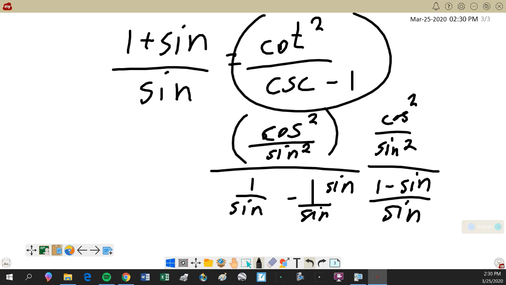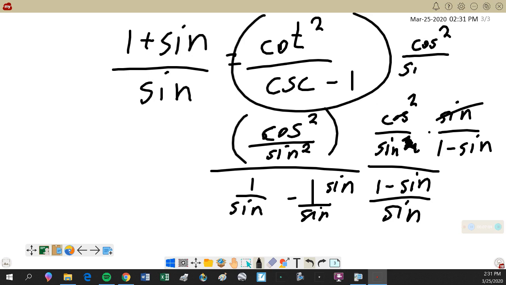Now I invert the denominator and multiply. So the sine cancels the squared, and I now have cosine squared over sine times 1 minus sine.